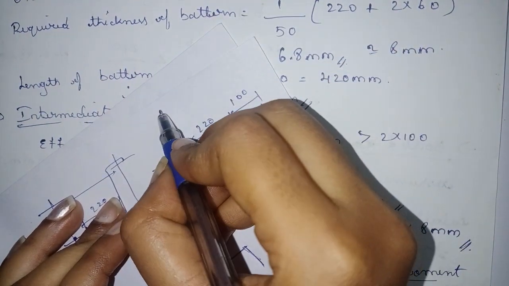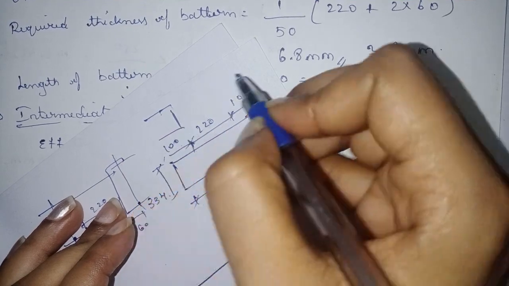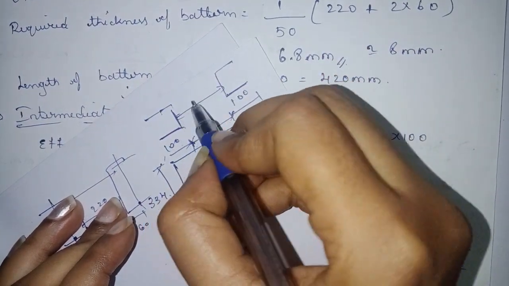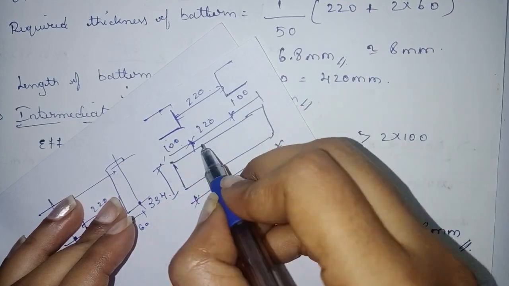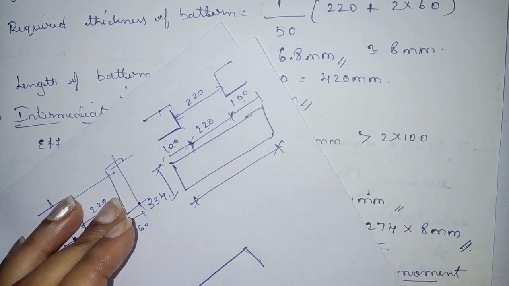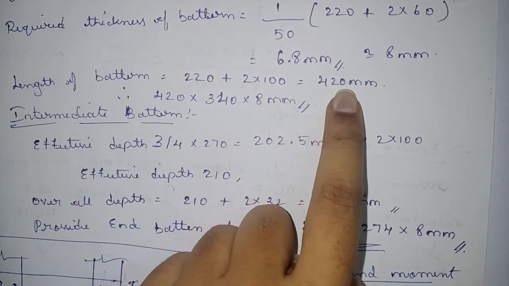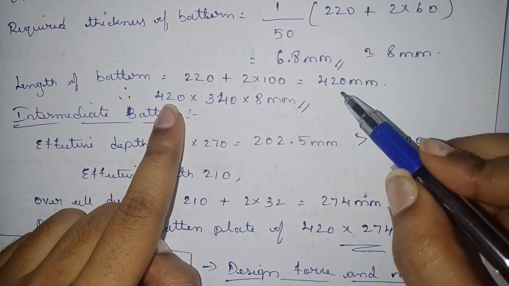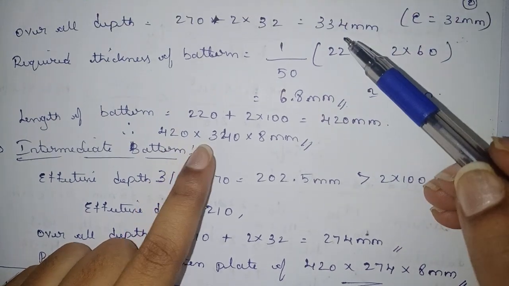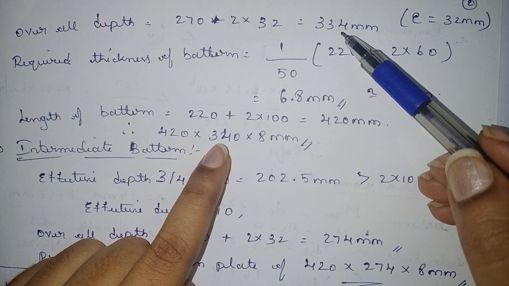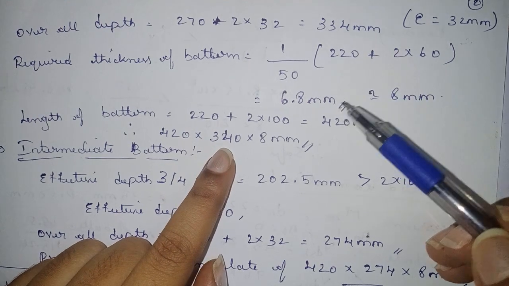So the channel sections are back to back. This is channel and this is channel. Width is 100, this is 100. Spacing between these two is 220. Overall, how do you calculate? 220 plus 100 plus 100. Got it? 2 times 100. You'll get this one. So 420 is the length, and what is the width of this? Overall depth, rounded off, 340 into 8.